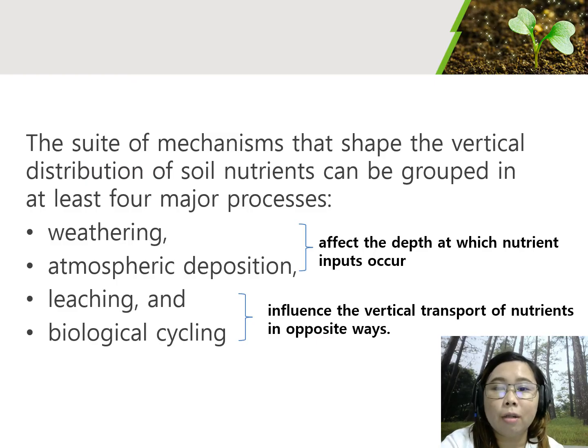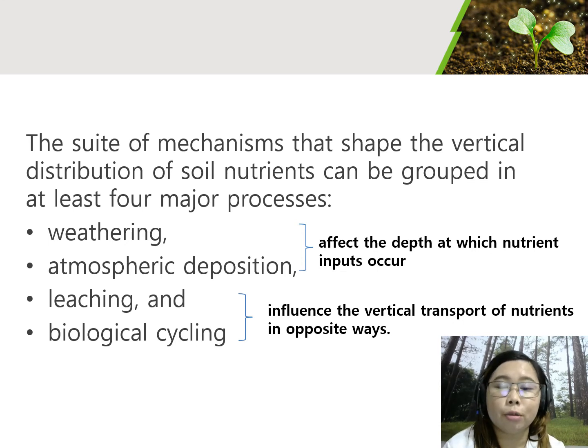Now, the set of mechanisms that shape the vertical distribution of soil nutrients can be grouped in at least four major processes. And these are the four: weathering, atmospheric deposition, leaching, and biological cycling.